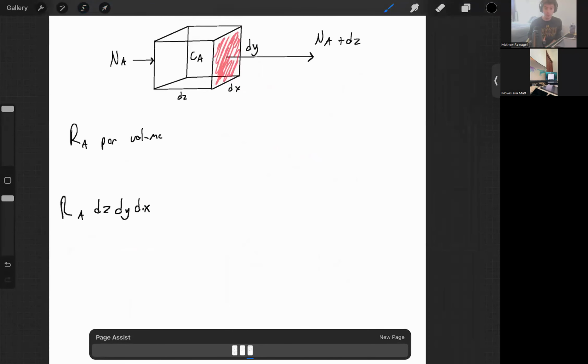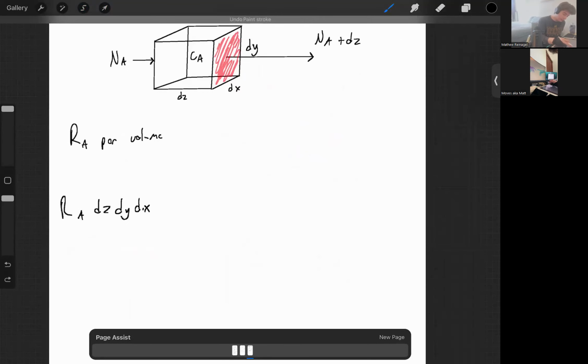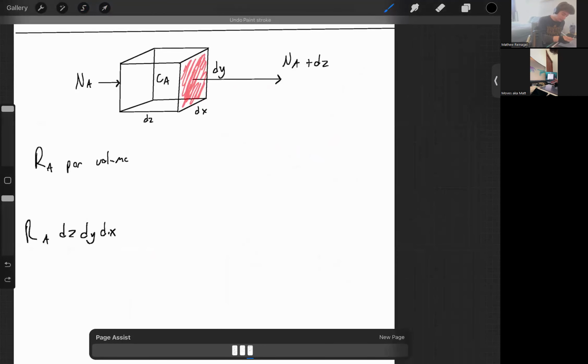Now we have to consider the molar flux. We've done a lot of problems like this. This is very analogous with a lot of homework one and homework two. We have molar flux entering a system through the cross-sectional area of dx and dy, and we have the molar flux at a distance of dz leaving the cross-sectional area.